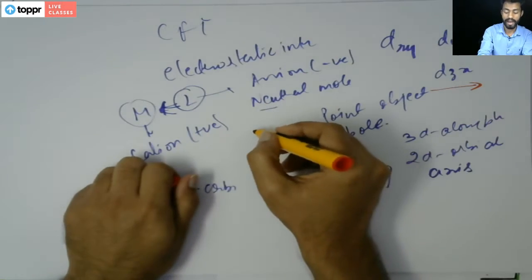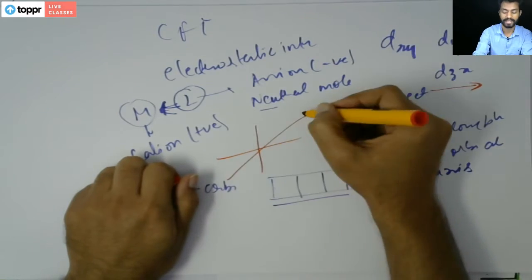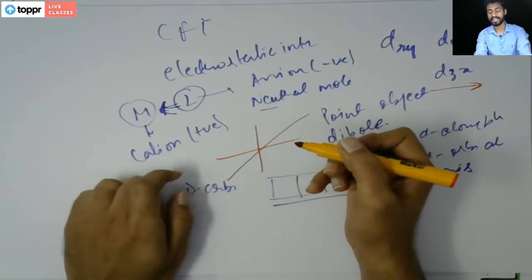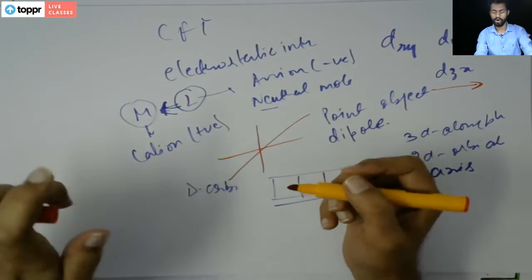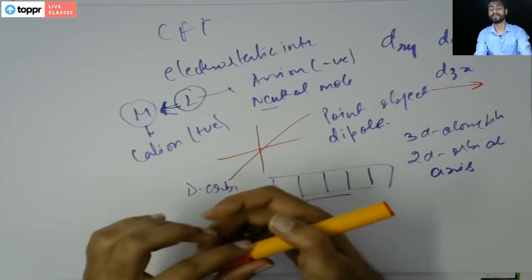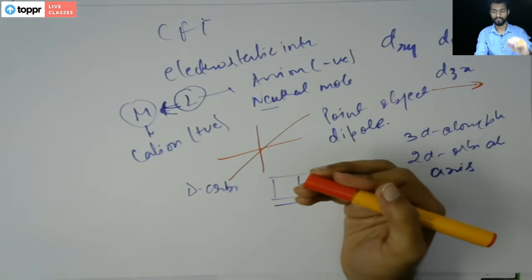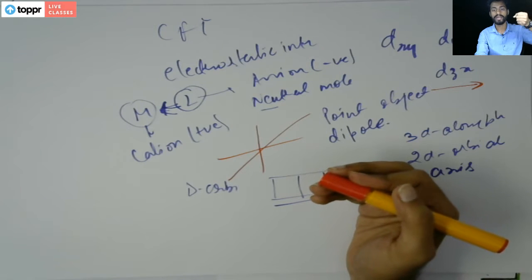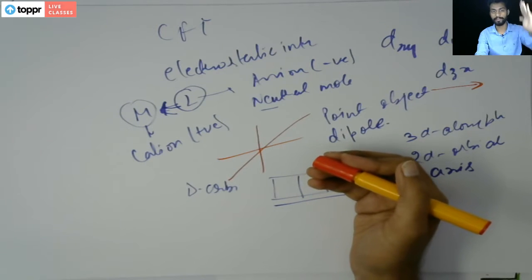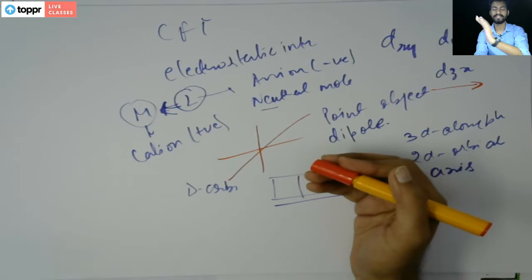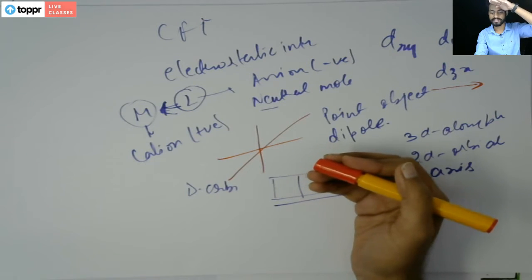If I consider an xyz axis, you can visualize this as a 3-dimensional axis, or for example you can consider a corner of your room. Just hold one corner of your room and you will say that there are 3 planes, one along the x-axis, one along the y-axis, and one along the z-axis.